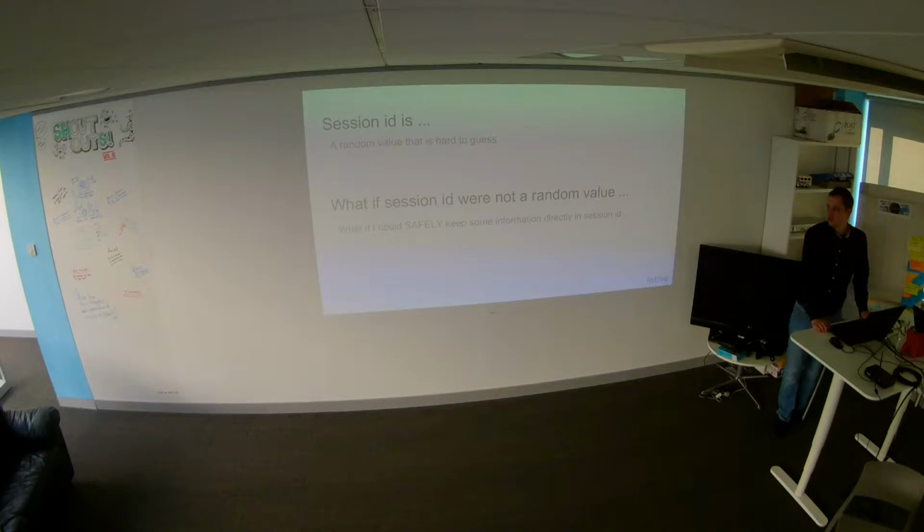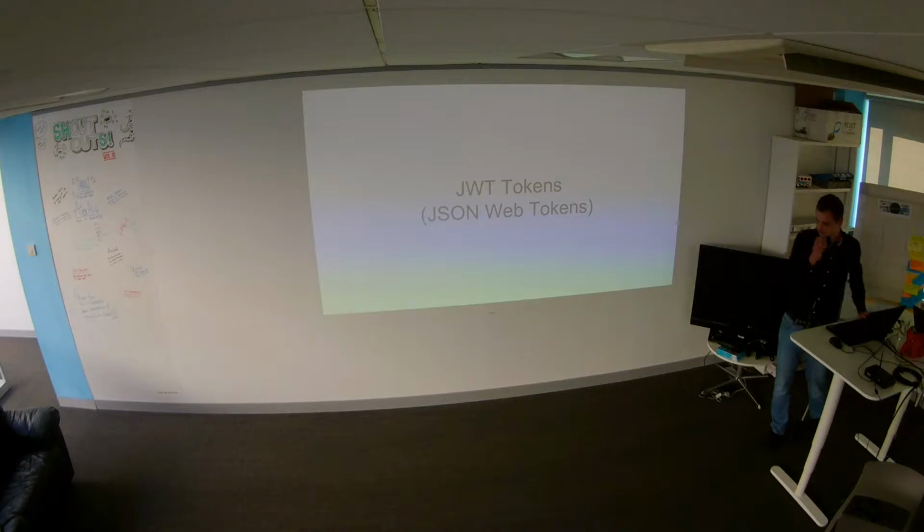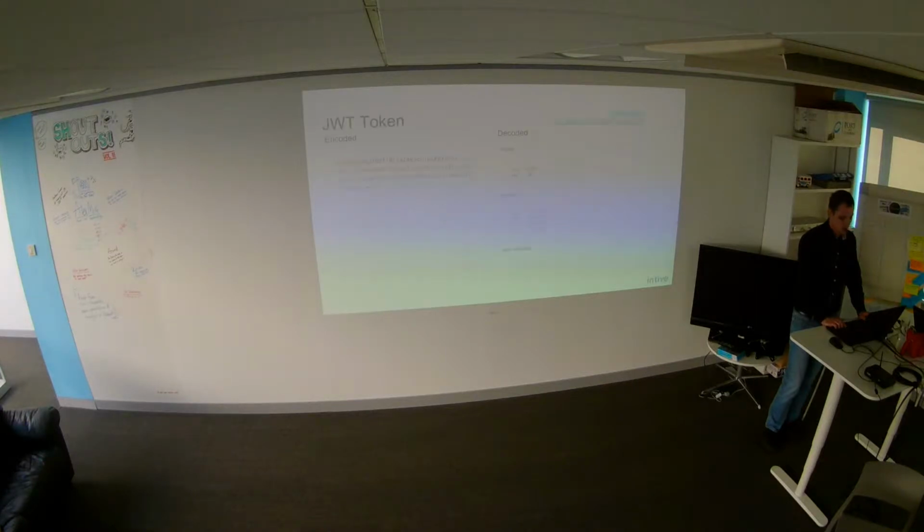But what if it simply weren't a random variable? If we could, for example, keep some data there and keep it in a manner that it's safe for us. And now we go into the idea of JWT tokens, or JSON Web Tokens, that are simply, let's say, some kind of a string. And they consist of three things.